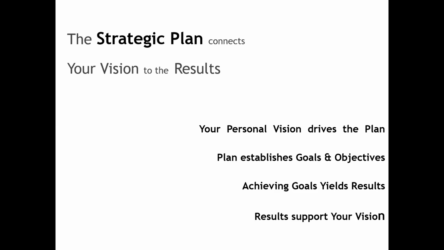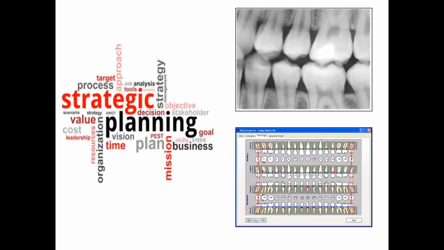The problem we have in dentistry is we're not very strong strategic planners in our business, but we're actually very good strategic planners when we're doing treatment planning. Think about it. All good strategic planning starts with a SWOT analysis: strengths, weaknesses, opportunities, and threats. Then you start to put that against your vision and you figure out what strategies and tactics you want to use, what goals and objectives you set in place, just like we do for a patient.